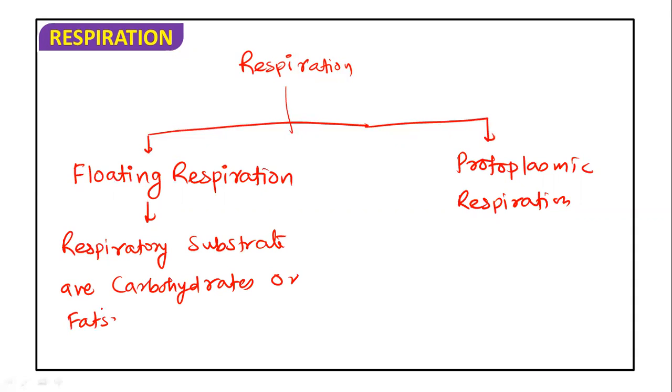So whenever in the body the carbohydrate is being oxidized and the fat is oxidized, at that time we can say that floating respiration is going on. But within a cell, when carbohydrate gets used up, the fat is used. And when fat is used up within a cell, the proteins are used.